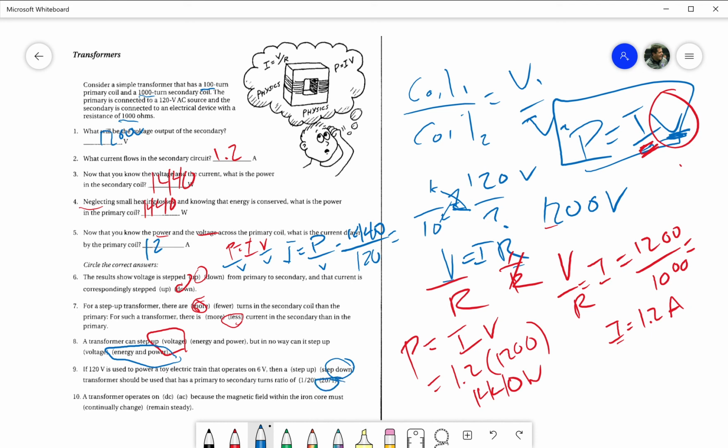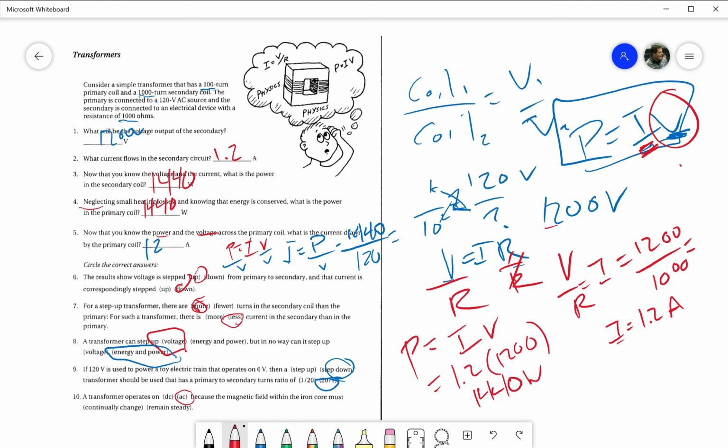A transformer operates on only AC. You can never do this on DC, which is why Thomas Edison had so much trouble. He really held the whole electric company back, General Electric, because he did not understand AC. That means power could not travel as far a distance across the country like AC could.